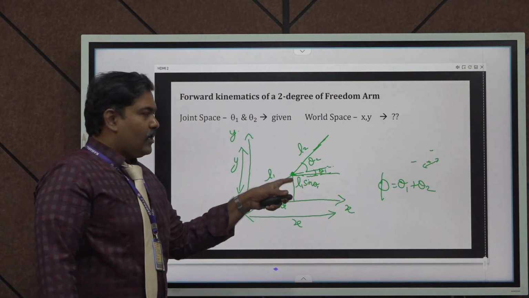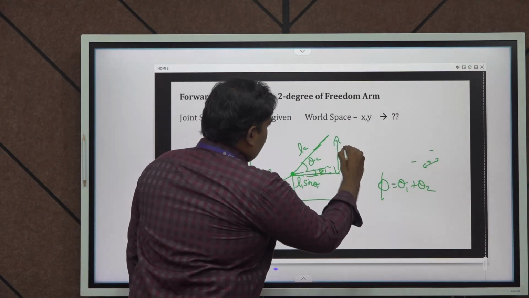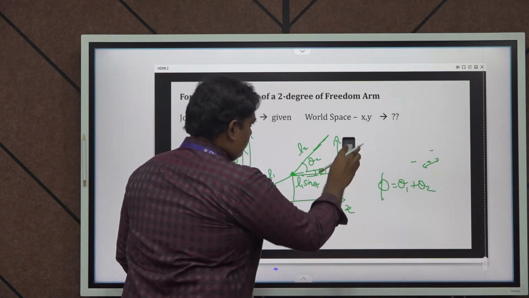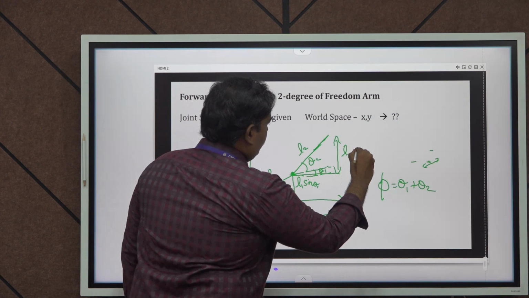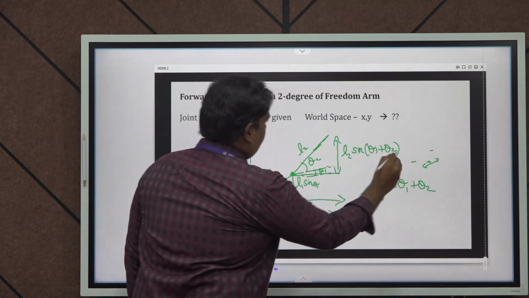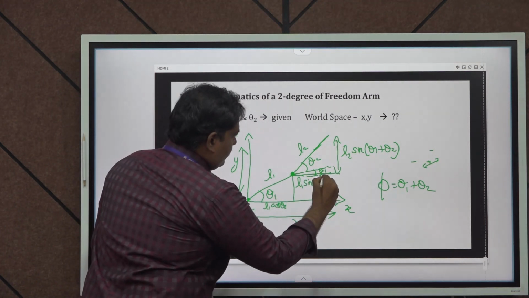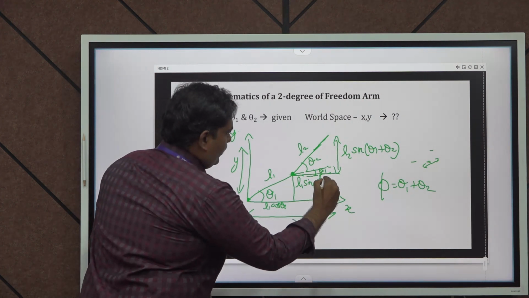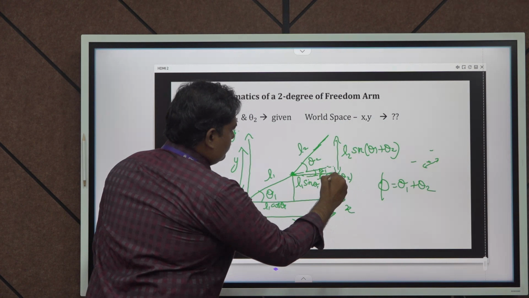Similarly, applying trigonometry formulas, this length can be calculated as L2 sin(theta 1 plus theta 2), and the adjacent length can be determined as L2 cos(theta 1 plus theta 2).